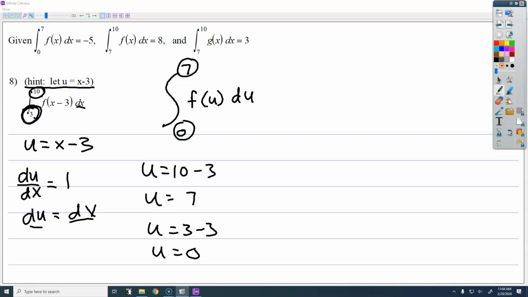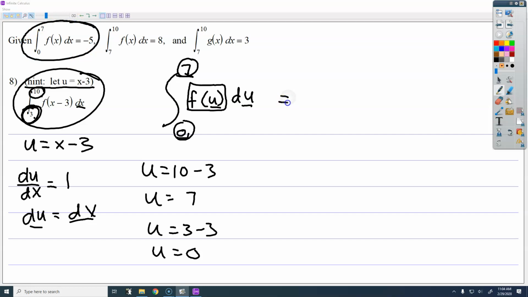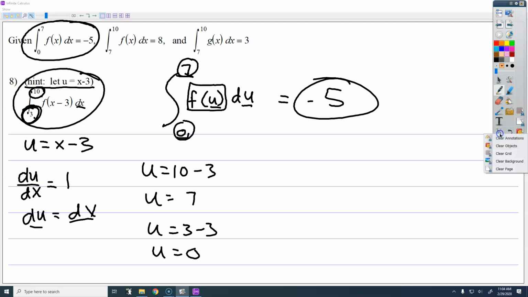So basically we're rewriting this integral, and from there we would go ahead and evaluate this. Now I understand this says u, but it doesn't really matter. It's the same function and we're still going from 0 to 7. So 0 to 7 is negative 5. All right, next question.